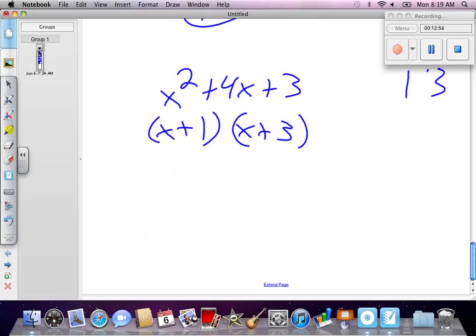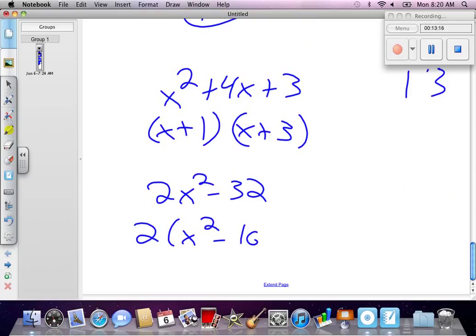All right. Now we've got 2x squared minus 32. So here's the first thing I'm going to do, ladies and gentlemen. What is the biggest number that both of these terms have in common? What number can I divide both of them by evenly? 2. So I take out a 2. Are both of those things inside there perfect squares?